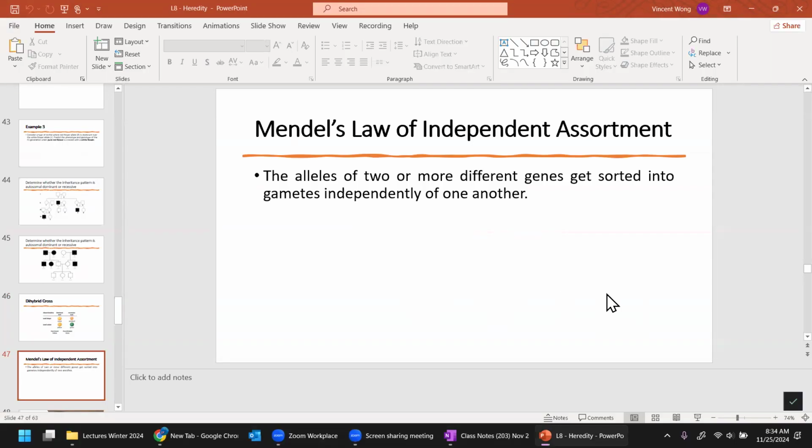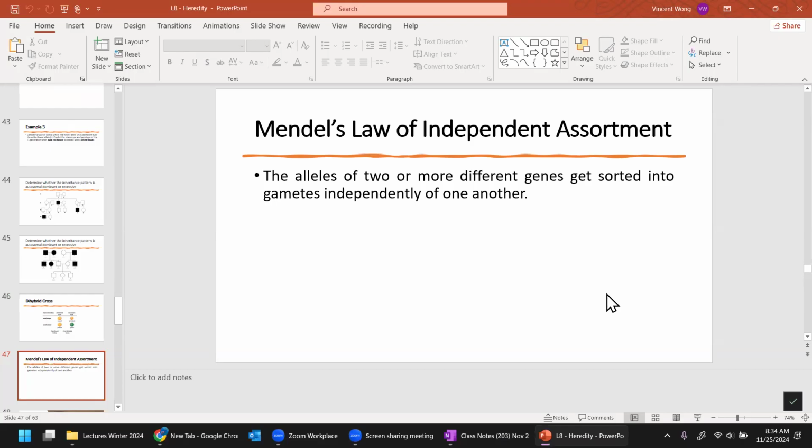Mendel, which is the guy who came up with all these things with the pea plants, he has two laws, right? First law is the law of segregation. If you have two alleles for a gene, those alleles will separate when you form the gametes. Right? If you have big A, small a, you're not going to pass both into the gametes.